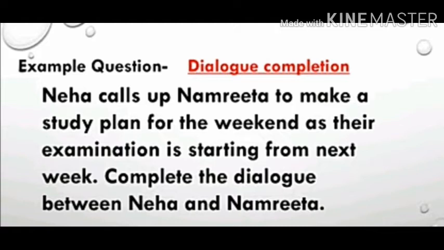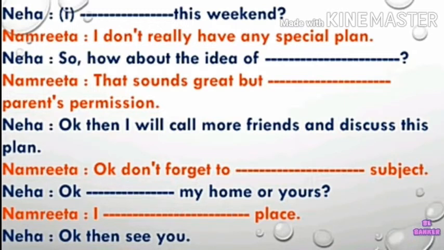Now through this paragraph you got to know the topic of our dialogue. See, now it is given like this. Neha: dash this weekend. Here a dash is given, that blank you have to fill up according to the topic you got. Namrita: I don't really have any special plan. When you hear the answer, you will get the question in your mind: if this is the answer, what would be the question?